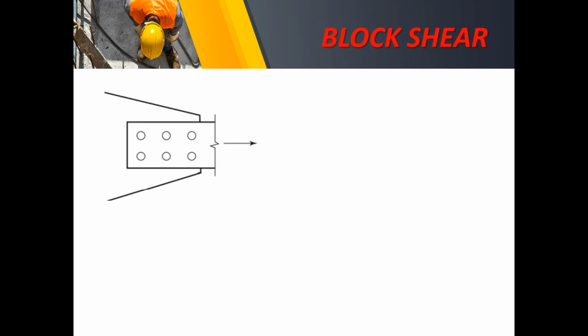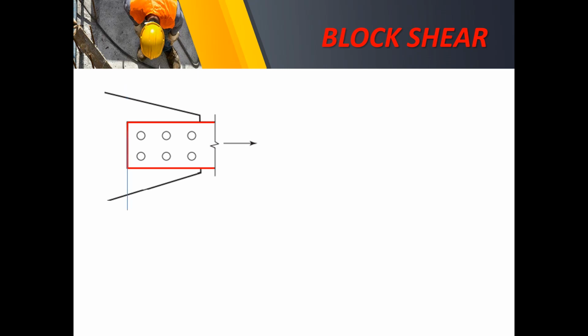In the same manner, your tensile member would also be subjected to block shear. So again, we concentrate on the tensile member, and on it we just have to note the edge of that tensile member.